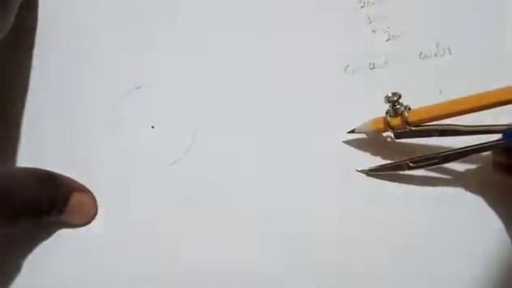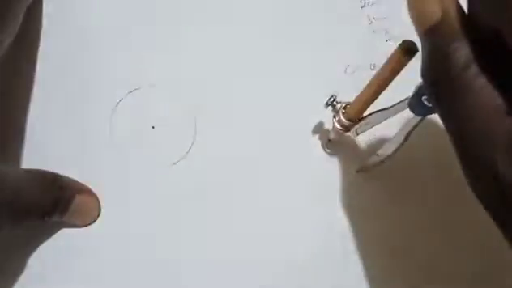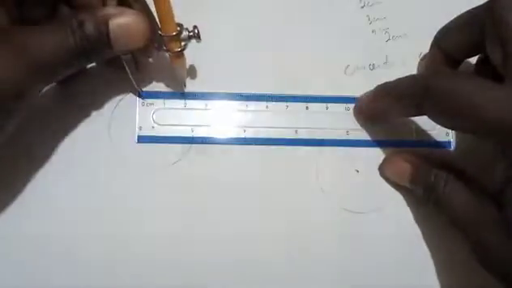Since this is still my 2 centimeters, I'll place it on it. Then I'll turn it and construct my 2 centimeters. So I've done that. The next is for me to measure 3 centimeters.